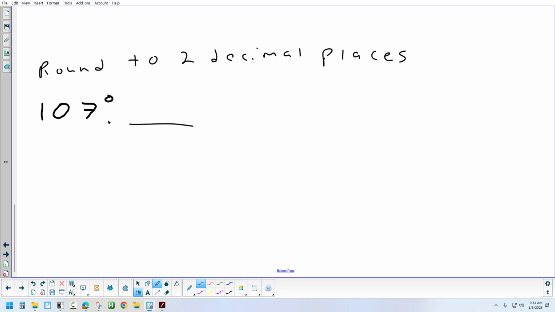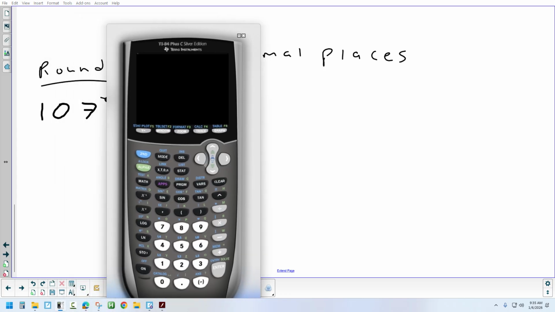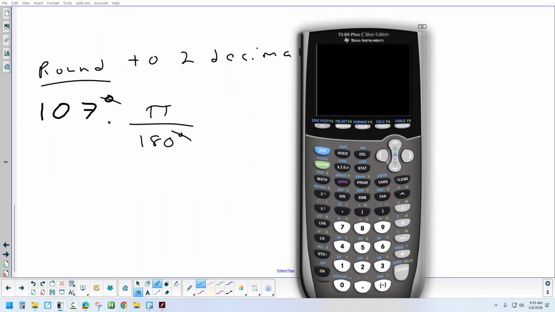Anyone tell me what I'm going to multiply and divide by to convert that to radians? Multiply by pi, yep. Divide by 180 degrees. Now, when we do that, even if 107 and 180 had something in common I could reduce, I wouldn't care about reducing it this time because of that. Okay, I'm going to round it. So I'm going to type it in exactly the way I see it.